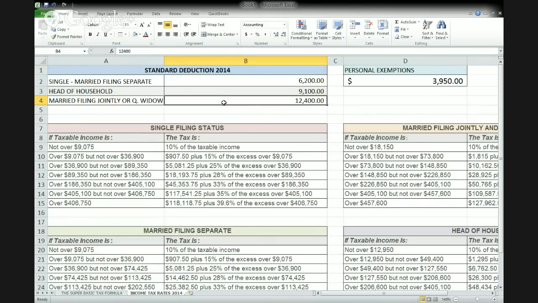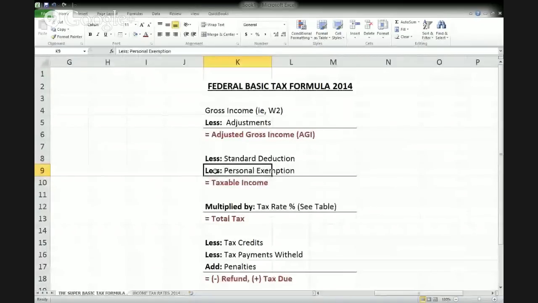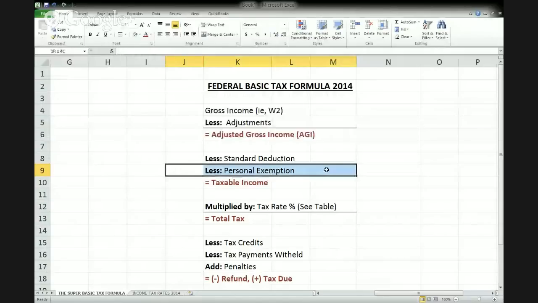You also have something called exemptions, and an exemption is an amount of money that you can reduce your taxes from, depending on how many people are in your taxes. That's pretty much the least complicated way.